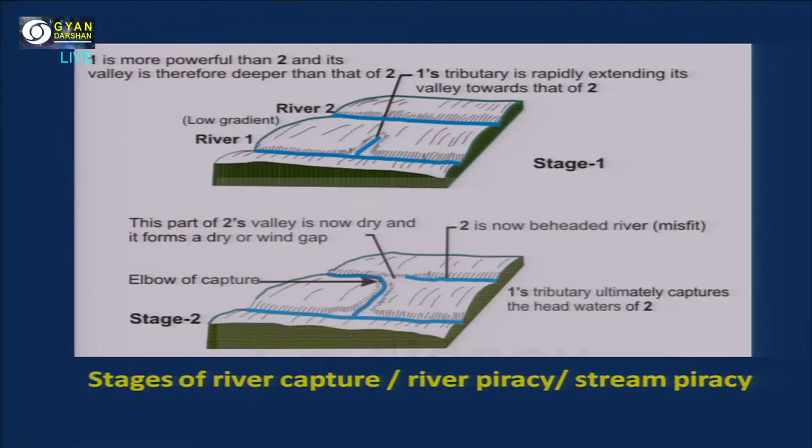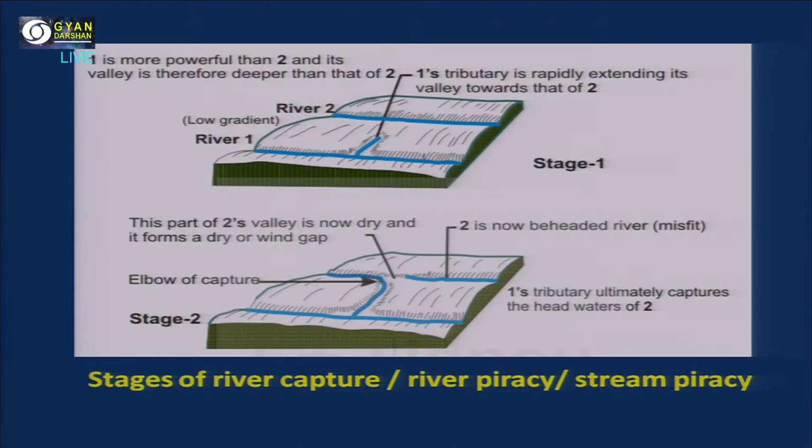Here in this slide you can see stage 1 and stage 2, where there are two rivers, river 1 and river 2. A tributary of river 1 in stage 1 has the greater gradient and carries out headward erosion.